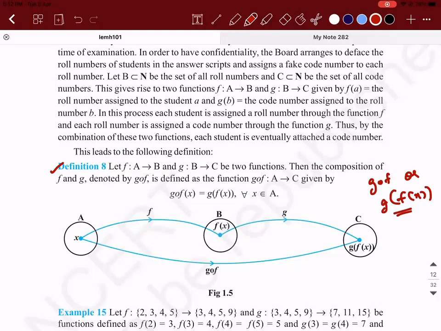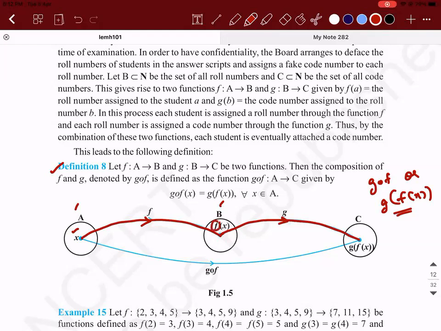Now you will understand. See, I start with the set A where you have the set of independent values, and you have another set B where by applying an operation, you are able to create a function from this value x to the values in B, which we call f of x. Now f of x is the domain for the other operation g. So from f of x, if I perform an operation g, then how will I write that?